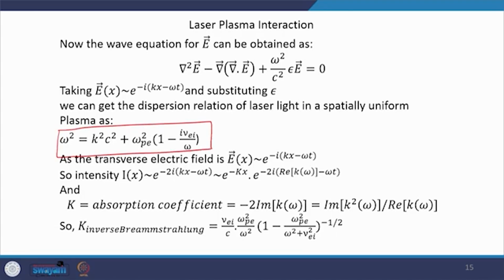So, this is the dispersion relation which we will get, and now we know that the refractive index has two parts, one is the real refractive index and the other is the complex refractive index.